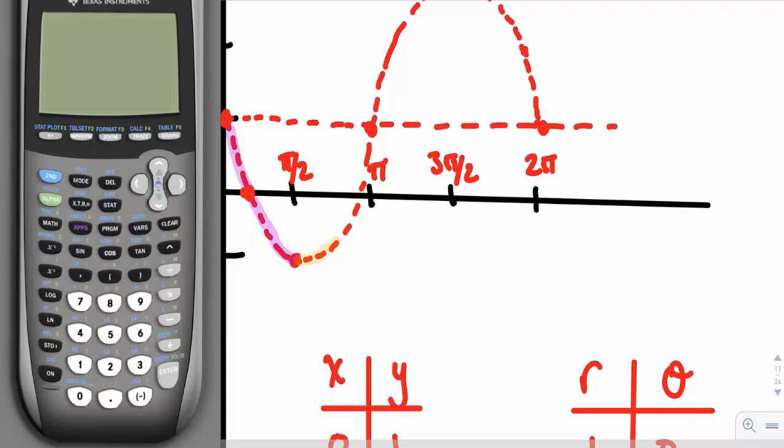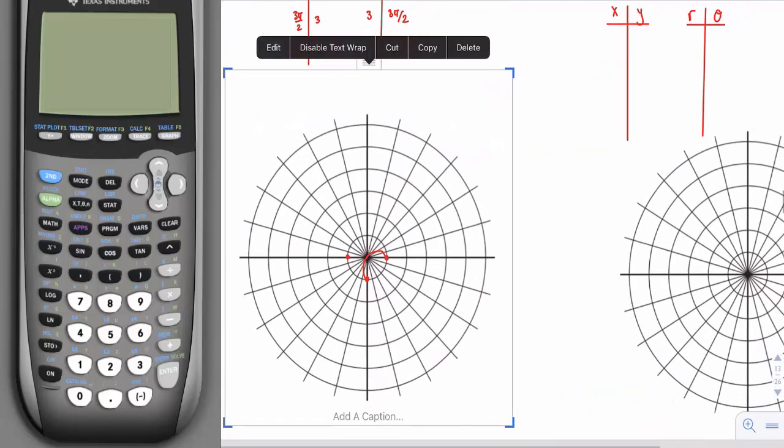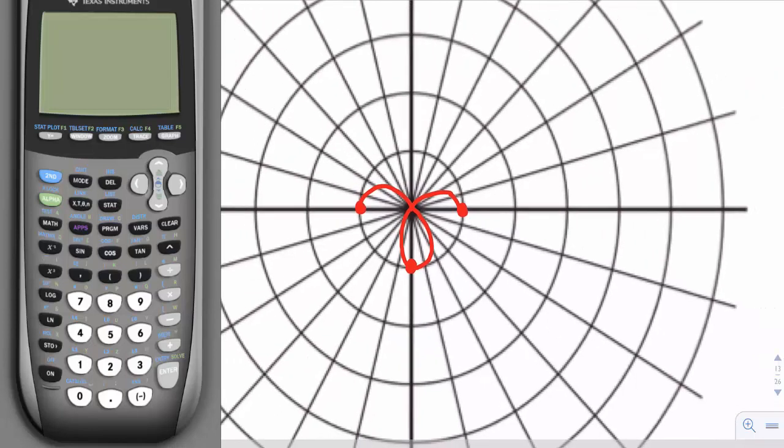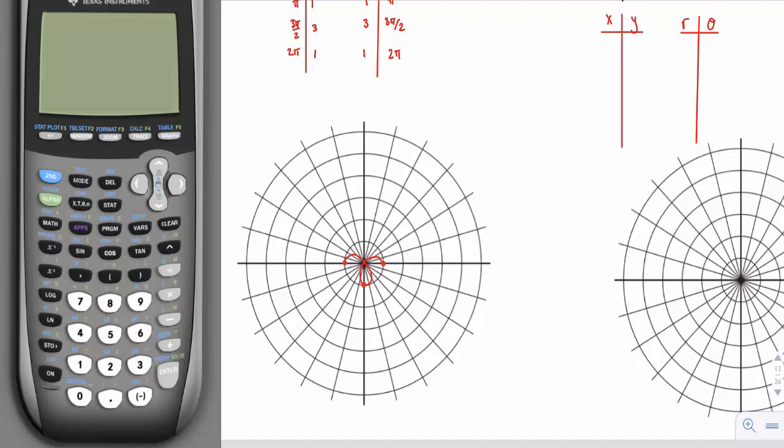So it's going to pass through 0, and then it's going to become positive as it gets to that point. So if you come down here and you want to do the same thing, it's going to loop around. It's going to go through 0 as it becomes positive. So as it gets above that x-axis, you connect that point. So there's my curve so far. And if you need to plot more points, you do that.